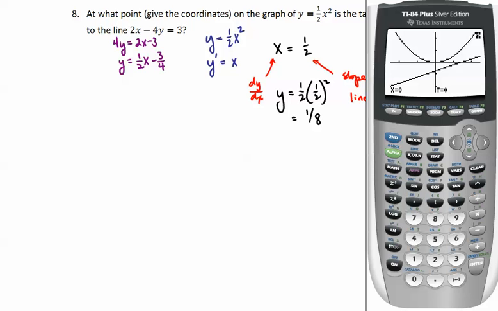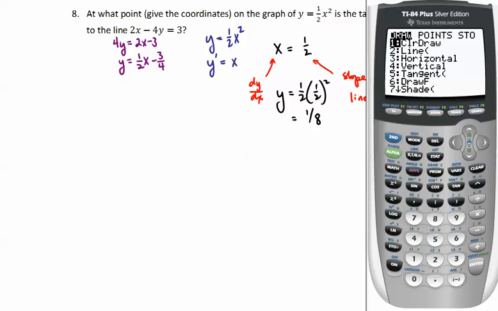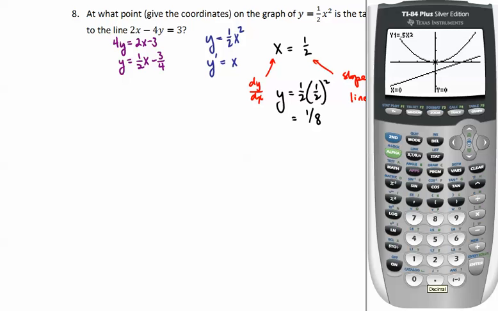Do second, draw, come down to option 5 to draw a tangent line, and I want to draw it when x is equal to 0.5, and watch what it does. It draws the tangent to the curve, and look, it's perfectly parallel to the linear equation. Right? So hopefully that makes that clear.